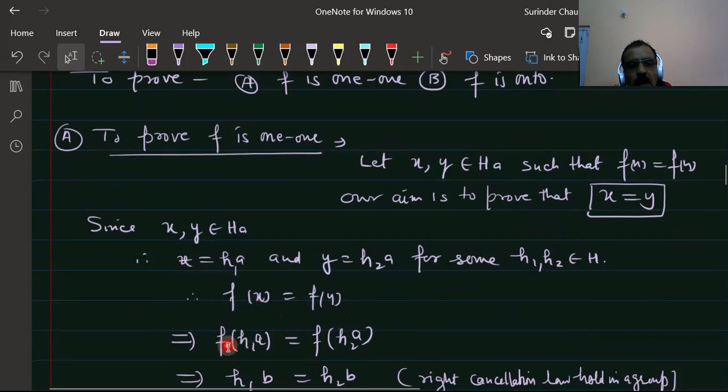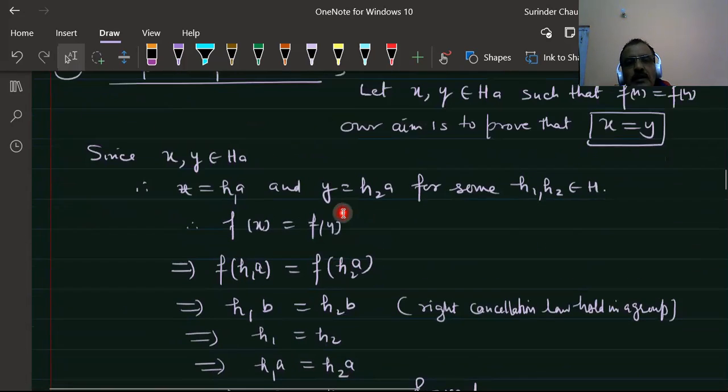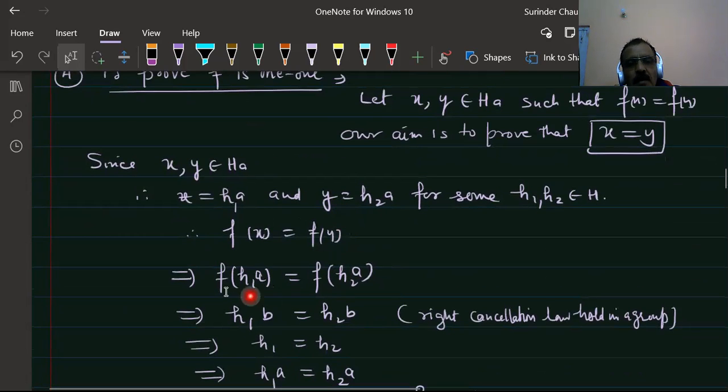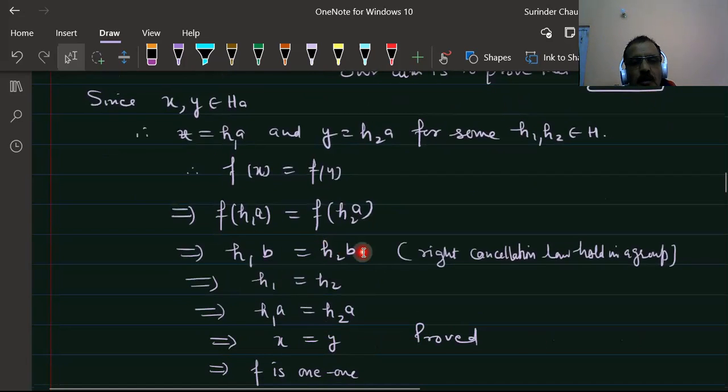Substituting, f of h1a is equal to f of h2a, and by the definition of the mapping, the images are h1b equal to h2b. Cancellation law holds true in a group. Therefore, applying right cancellation with b inverse, h1 is equal to h2. Applying right multiplication by a, this implies h1a is equal to h2a, implies x is equal to y.